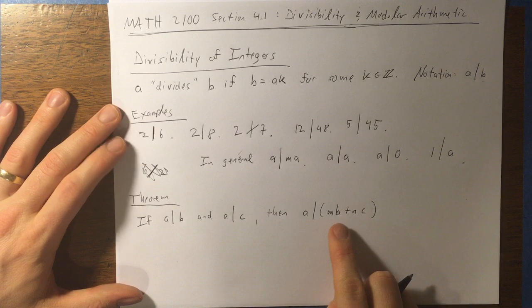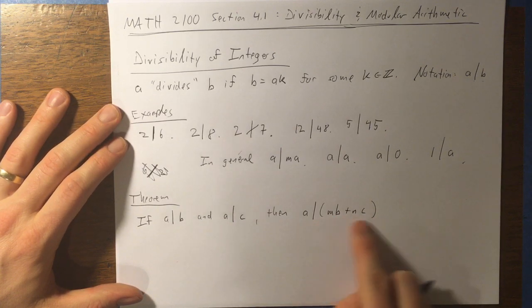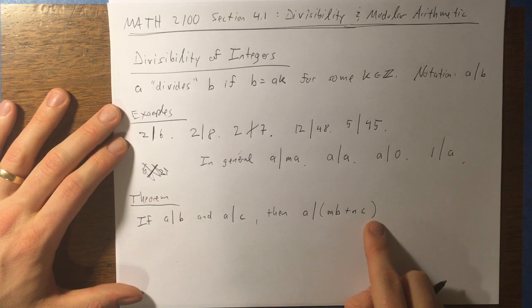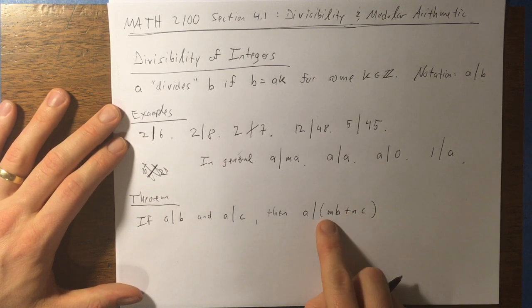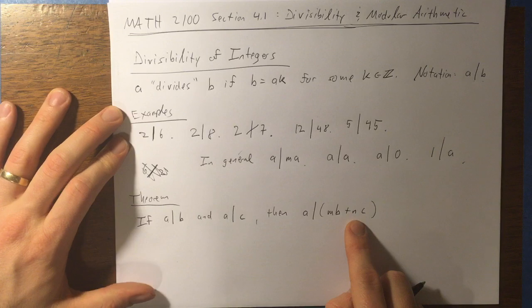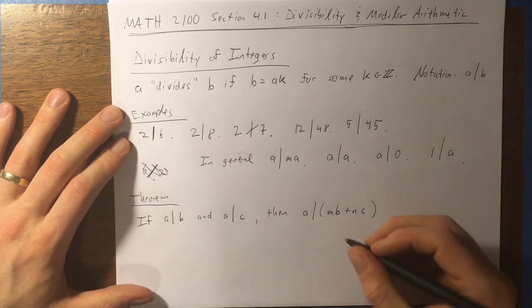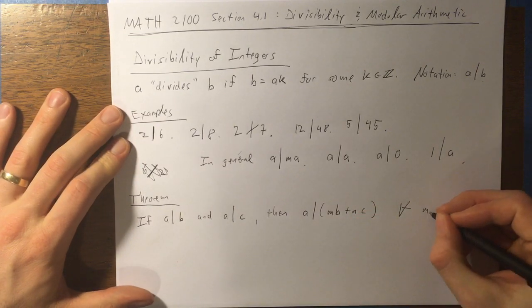So that would be basically where you're taking the b and the c and creating a little linear expression using b and c by multiplying them by other numbers that are called m and n here, and then adding those together. And this is for any integers m and n.